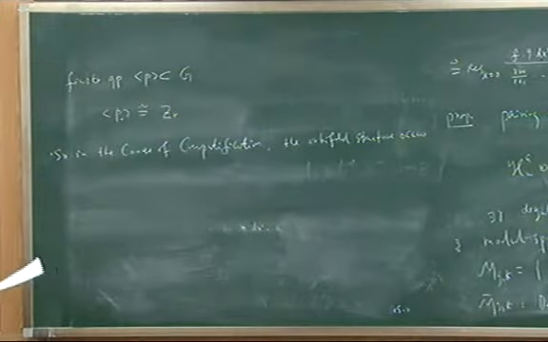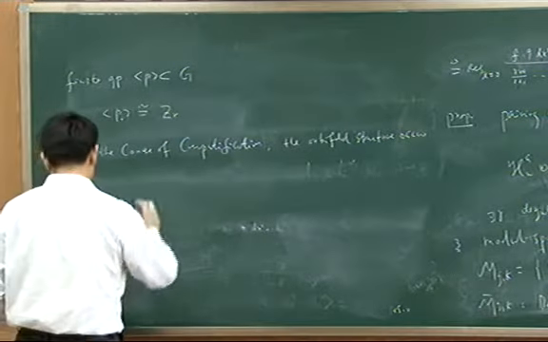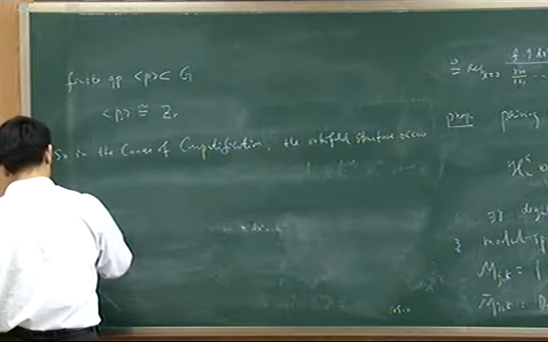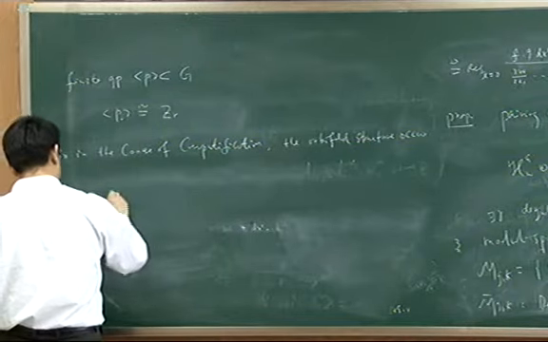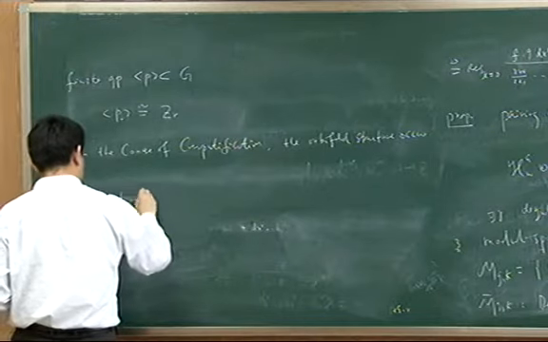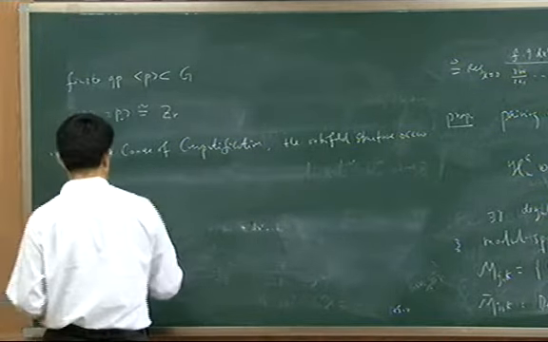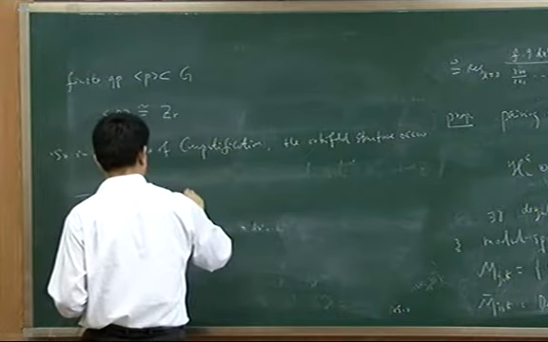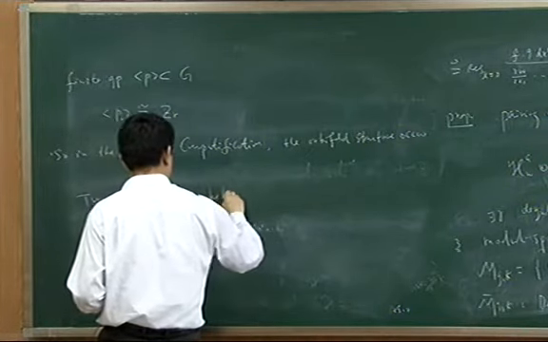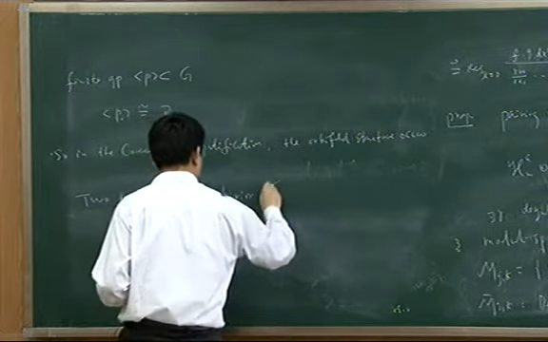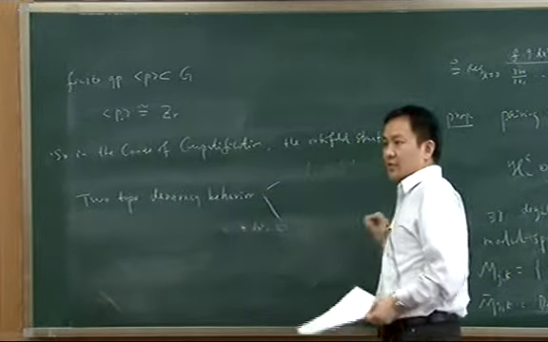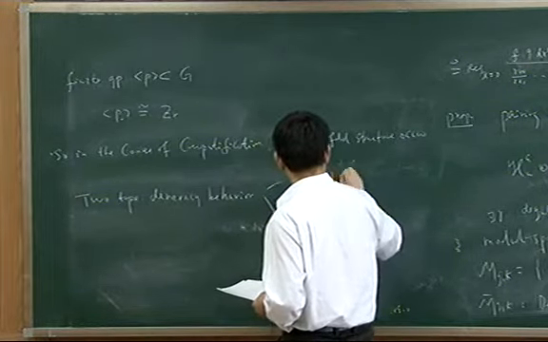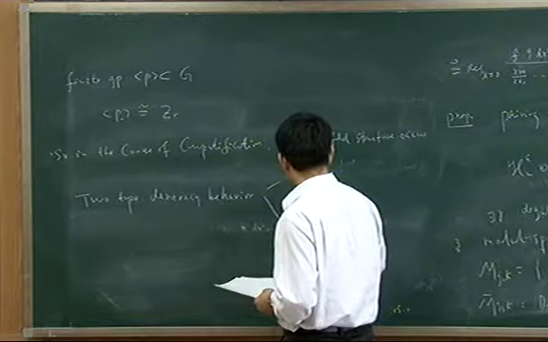So actually, there are two types of degeneracy behavior. One is called the Ramond case, and another is called Neveu-Schwarz.